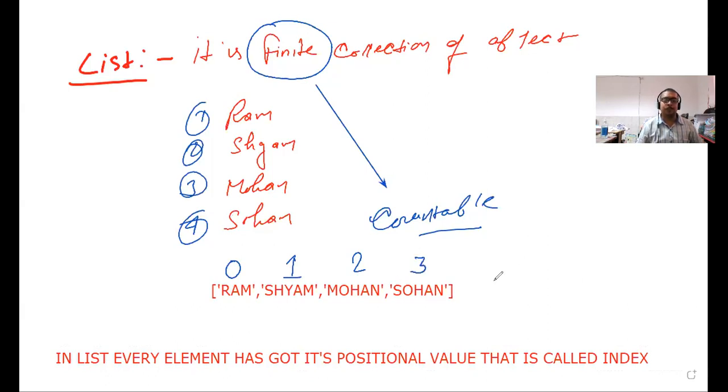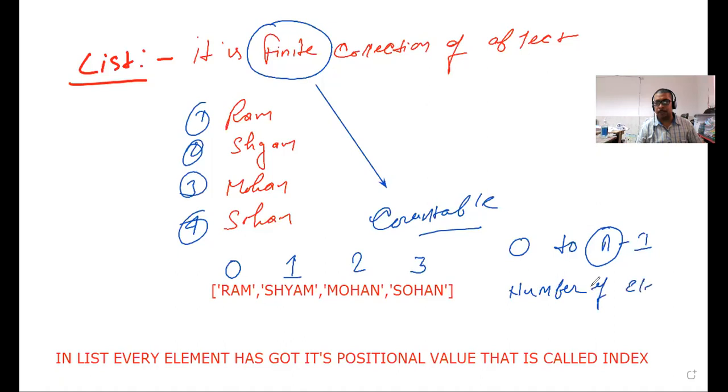It will start with 0 and go till n minus 1, where n is the number of elements in the list. I hope it is clear to you.